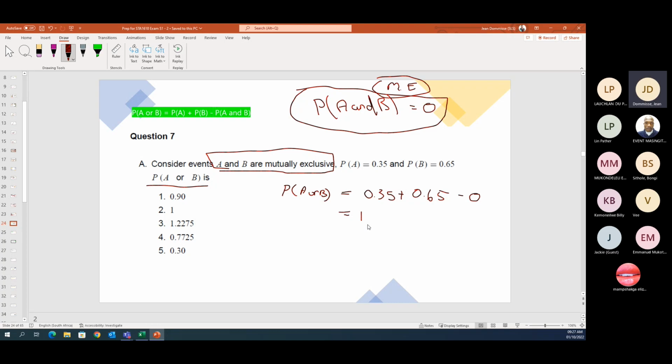A few things in here. You can't get a probability bigger than 1, so option 3 is definitely not an option. I think if you multiplied the two out, you would have gotten option 4 as the answer.